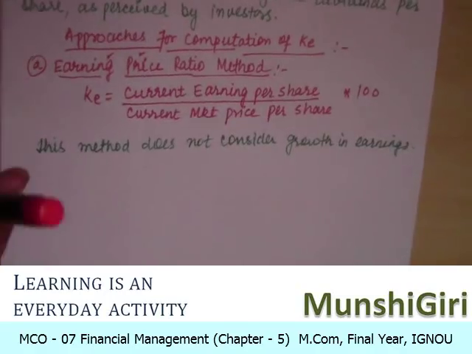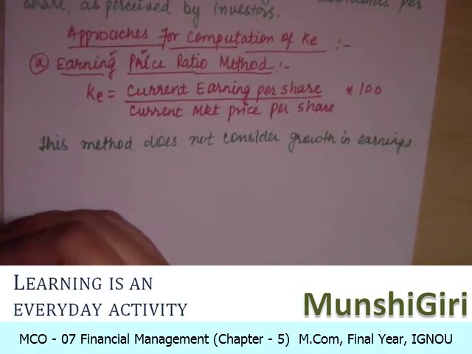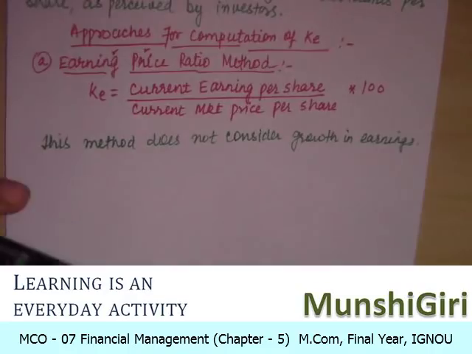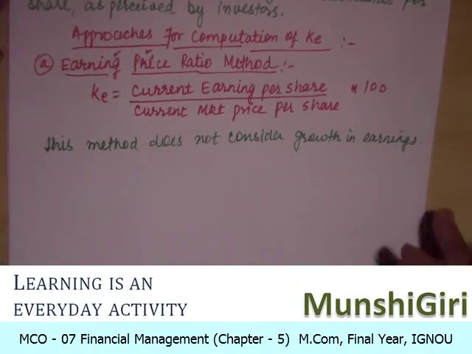The second approach we have is the earning price ratio plus growth rate method, that is EP ratio plus growth rate method.